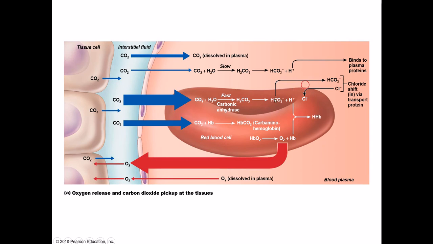To balance out this outrush of negative charge in the bicarbonate, chlorine gets imported, which keeps our red blood cells balanced in terms of charge. And that's our chloride shift. So that's at our systemic tissues. That's the release of oxygen and the pickup of carbon dioxide at all of our body's tissues.